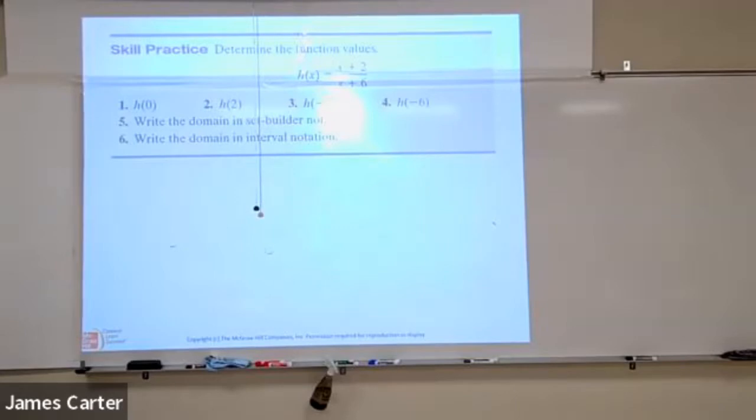Okay, here's another problem. What values can this not be? That's basically what this question is asking. Okay, well, it can't be -6. Okay, it can be anything but -6. Now, it's okay to have a 0 on top, but just not on bottom.